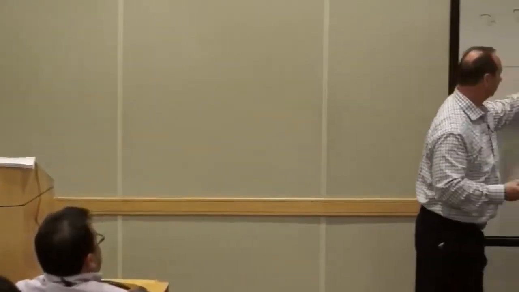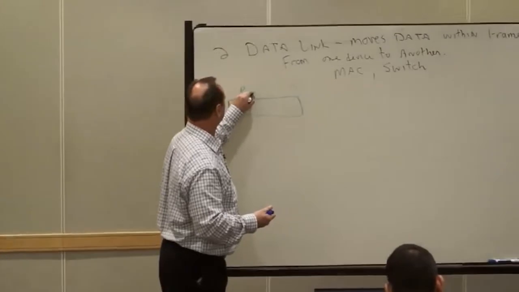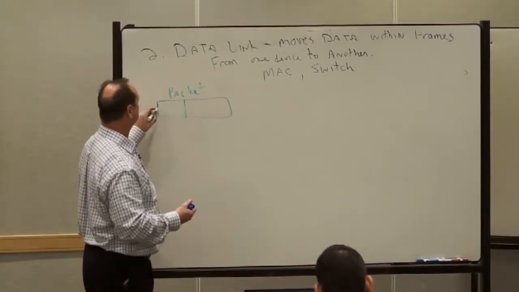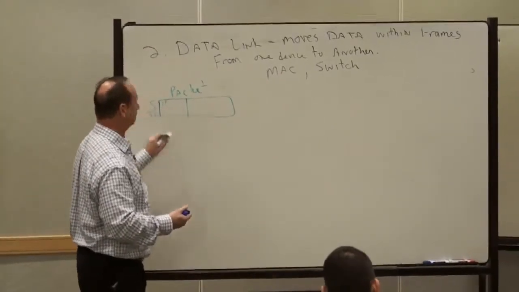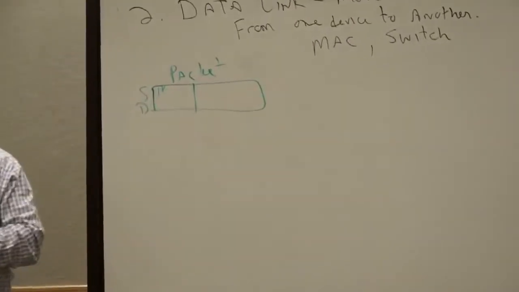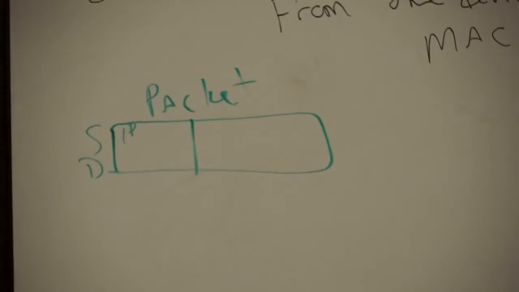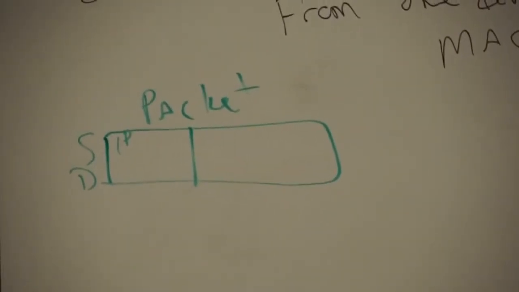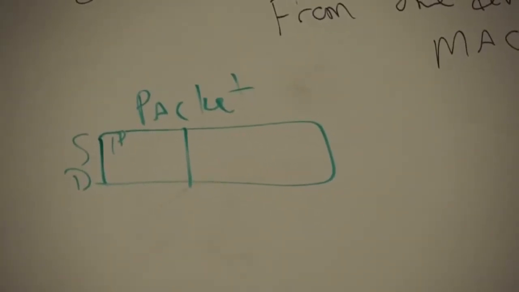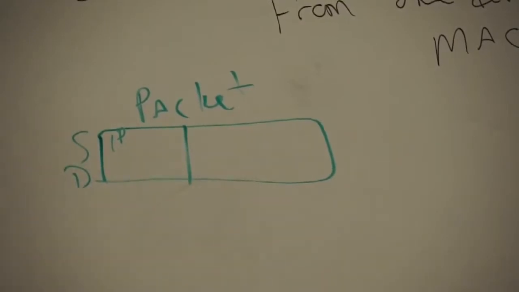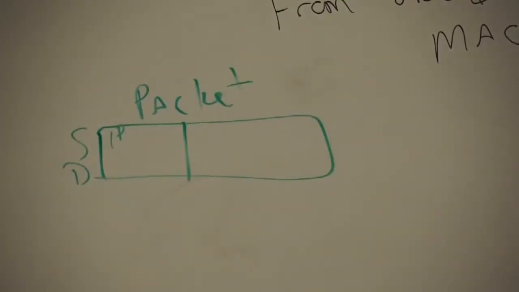At the data link layer, we have that packet that comes down that's got the IP address, source and destination address. And now we're actually going to start making it go out some kind of interface, some kind of physical connection. It may be wireless, right? Maybe we might use radio waves. But this is where we have to adjust it.